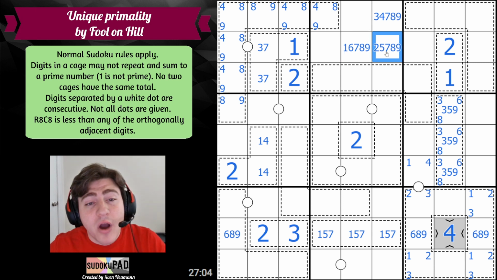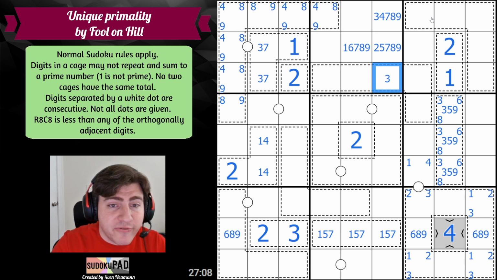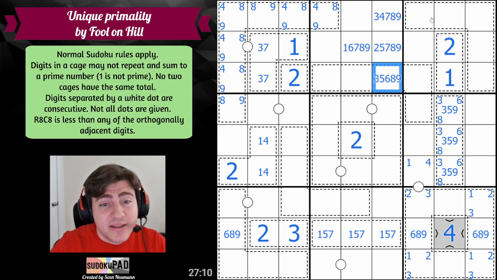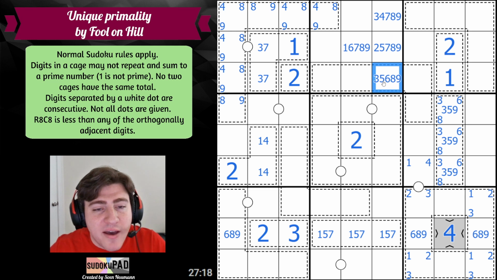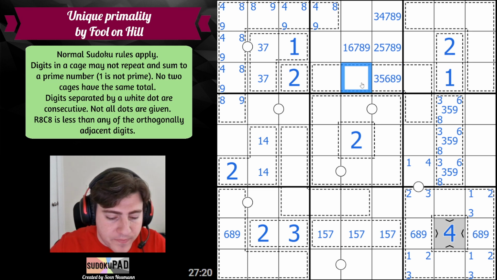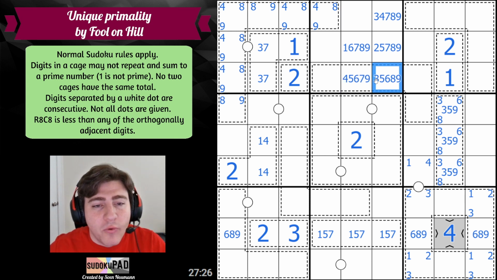Though we have more options because the 2, 5 lets us do 3, 5, 6, 8, 9. So that's not even fully limited still. And you could have 4, 4, 5, 6, 7, 9, where you add 1 to 3 and you subtract 1 from 8.